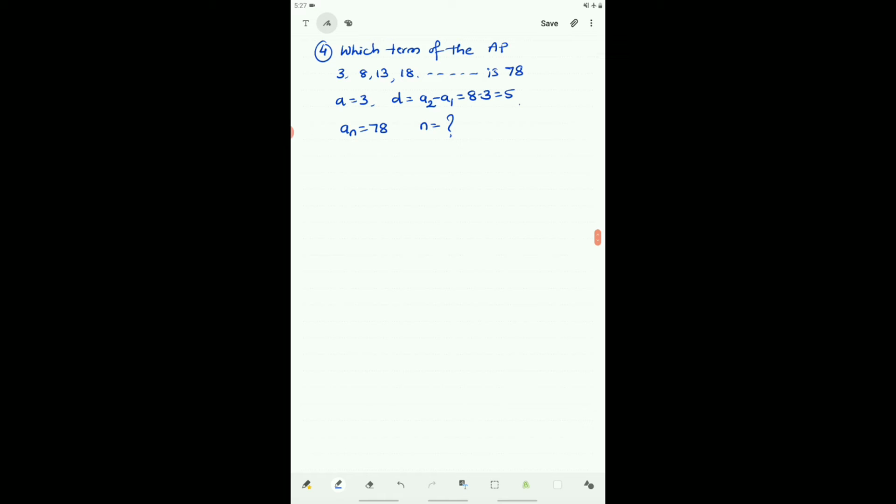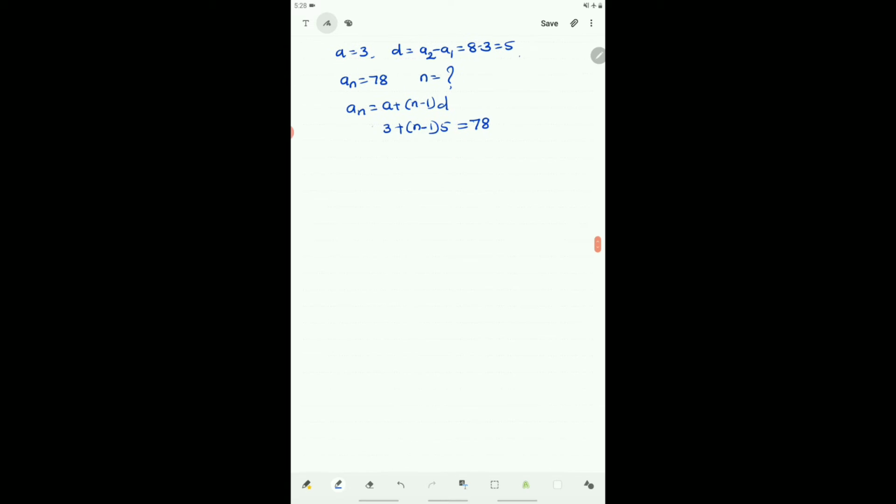Write the formula for AN. AN is equal to A plus (N minus 1) into D. That is, A is given, you write 3 plus N, which is to be found out, (N minus 1) into D, which is 5, is equal to AN, that is 78.